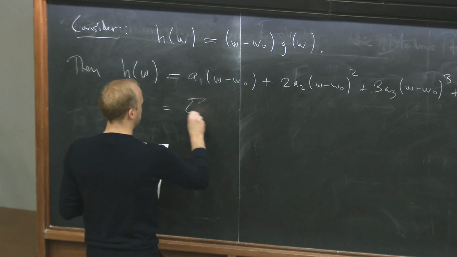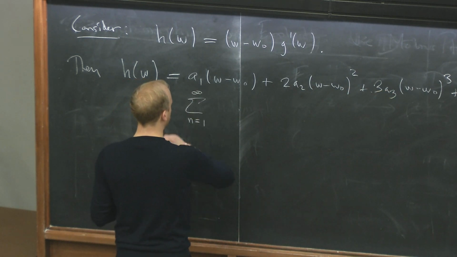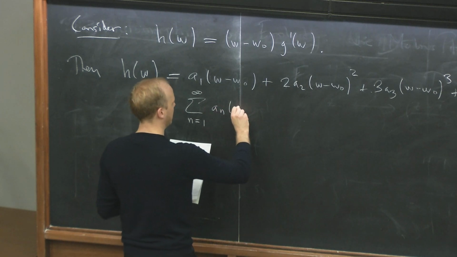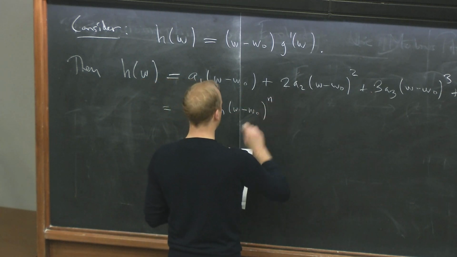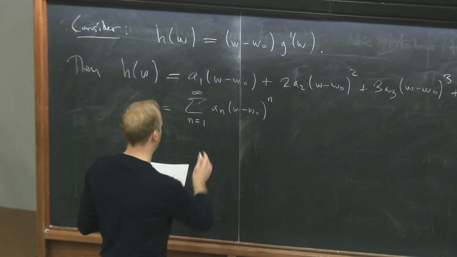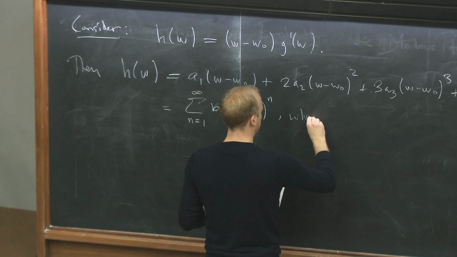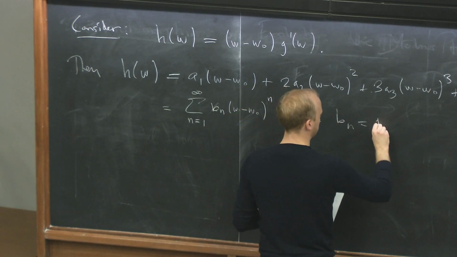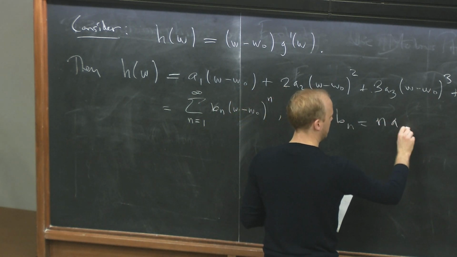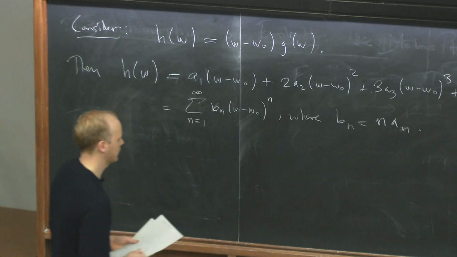So this will be equal to the sum from n equals 1 to infinity of bn times (w − w0)^n, where bn is equal to n times an. Okay?